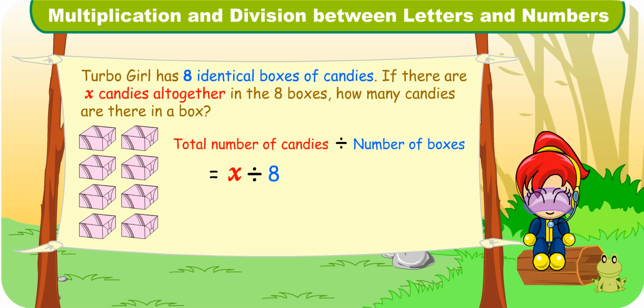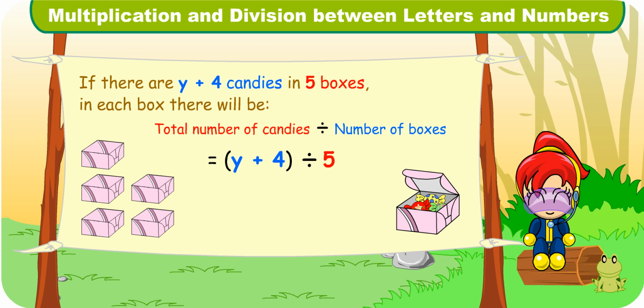But usually, we write X divided by 8 in fractional form for algebra. So the answer should be X over 8. Now, if there are Y plus 4 candies in 5 boxes, in each box there will be Y plus 4 over 5 candies.